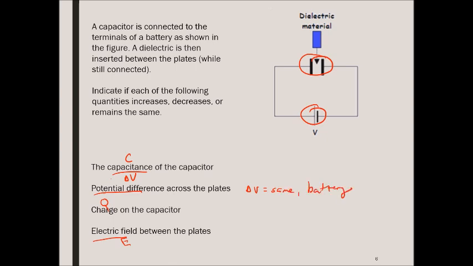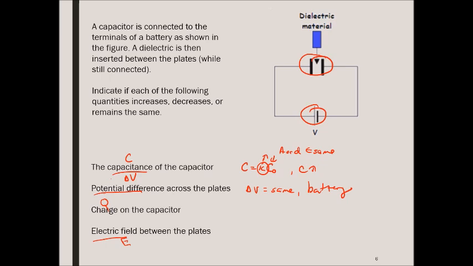Then we can look at how the other things are affected because of that. We know that C is equal to K times C naught. We didn't change the area or the distance, but we did change K. So these are the same, but C increases. So since K increases, then C increases.